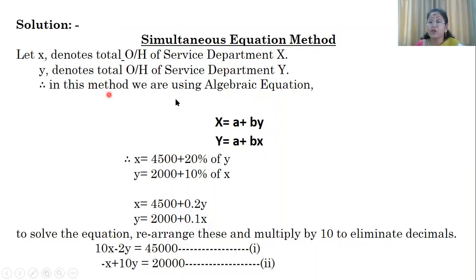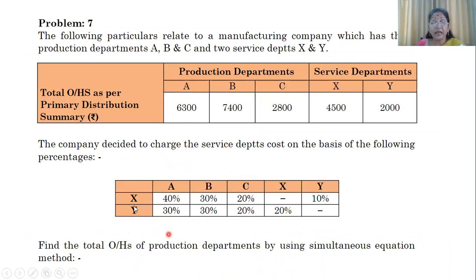In this method, we are using an algebraic equation. What is that? X is equal to a plus by, Y is equal to a plus bx. Then we have to arrange like this. X is the service department overheads, 4,500 given in the problem, plus 20% of Y. Y's ratio in X is 20%.